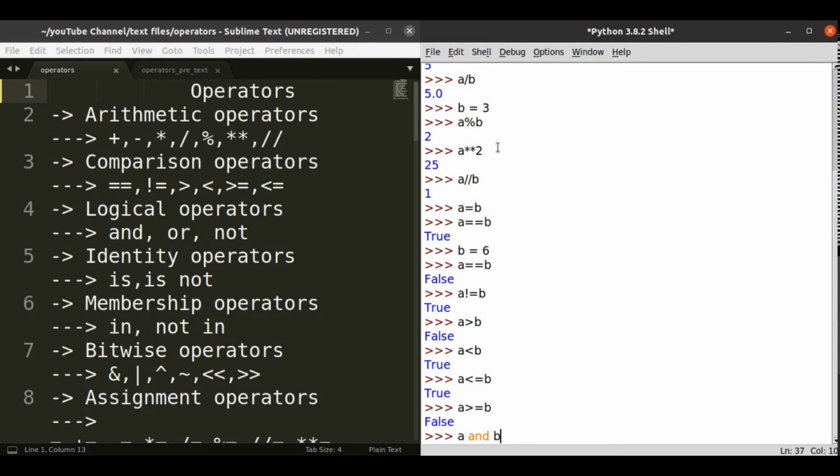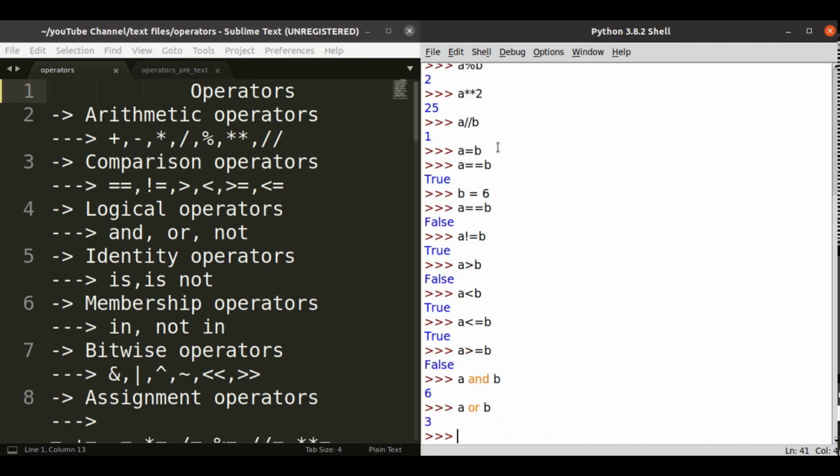A and B, which is 6. A or B, which is 3. At present the values of A, B are 3, 6. The not operator is used if you want to change the value to the quite opposite.